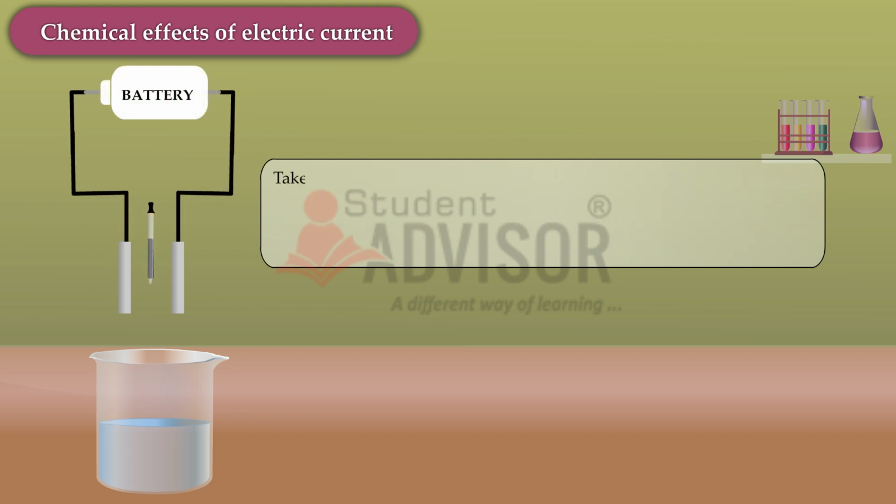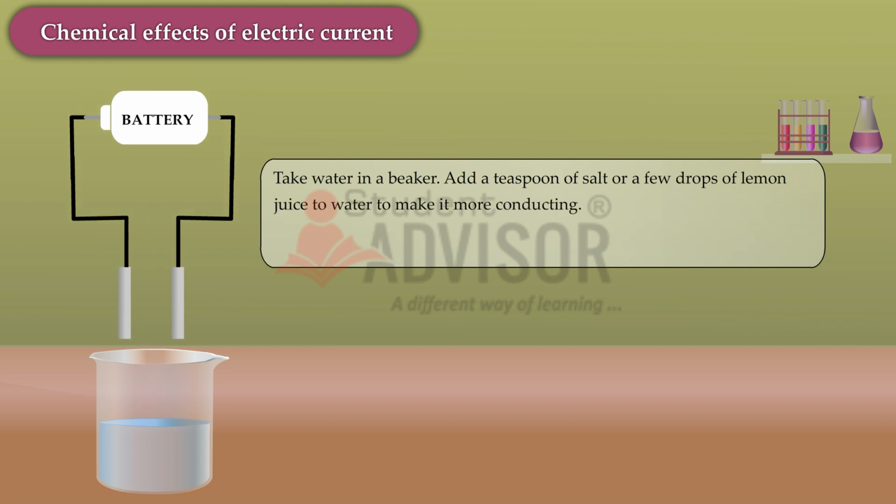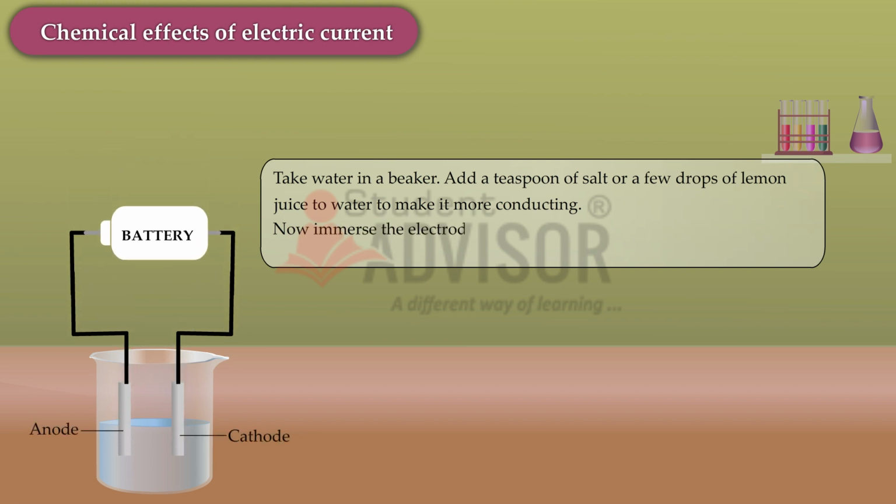Take water in a beaker. Add a teaspoon of salt or a few drops of lemon juice to water to make it more conducting. Now immerse the electrodes in this solution. Make sure that metal caps of the carbon rods are outside the water.